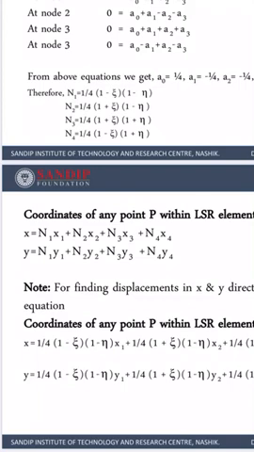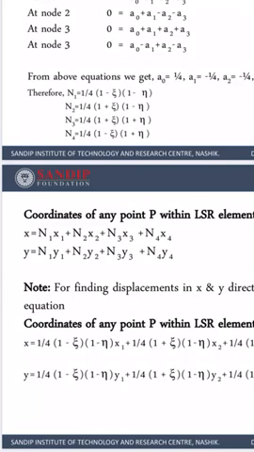I will just revise the syllabus we have covered. First we have covered the basics of the two-dimensional elements. What is the basic difference between 1D, 2D and 3D. Then we have covered the basic two-dimensional elements.